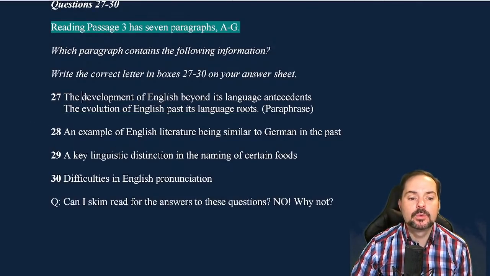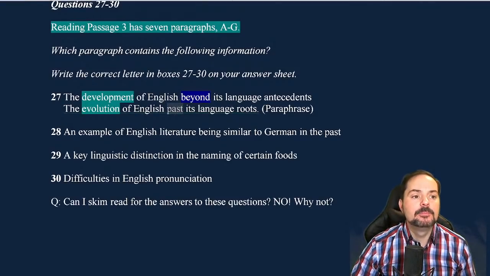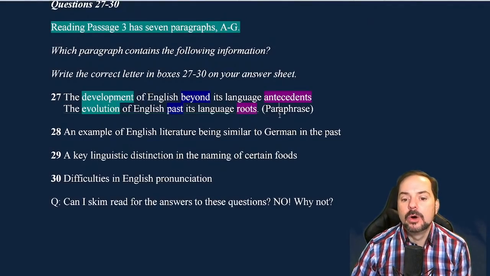So instead of the word development, I have the word evolution. Instead of the word beyond, I have the word past. Instead of the word antecedents, I have the word roots. Okay, so these are basically synonyms. So what I'm doing is I'm paraphrasing here.